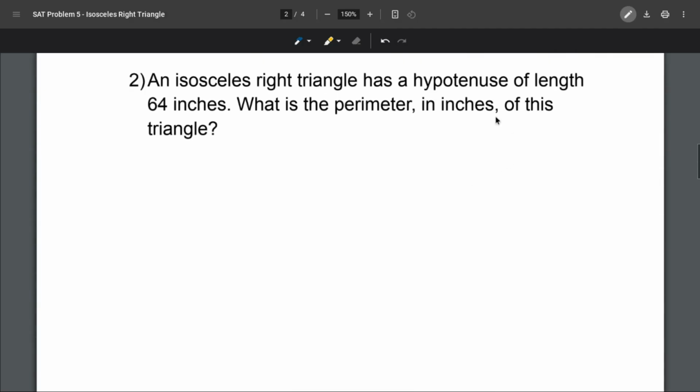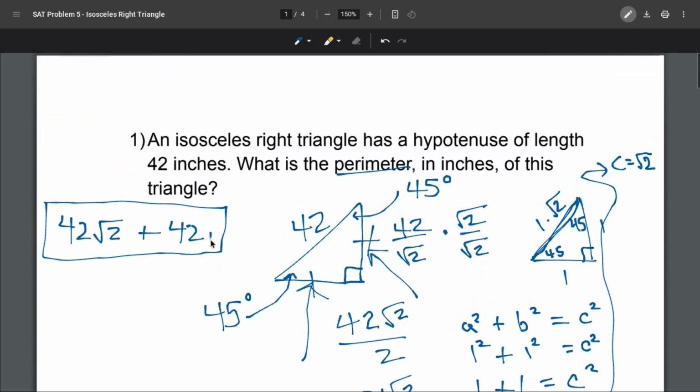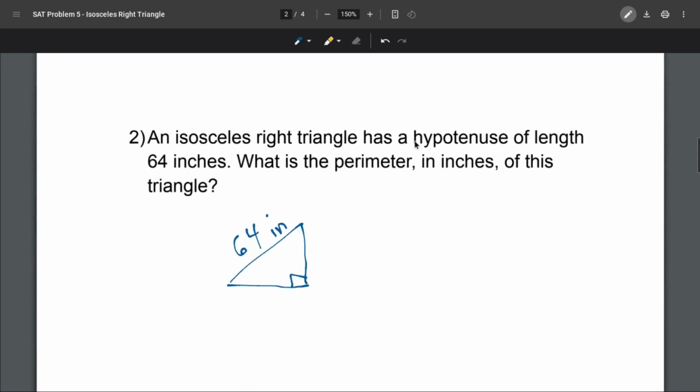All right, next one, we have an isosceles right triangle that has a hypotenuse with a length of 64 inches. So this is 64 inches. Oh, and by the way, in this last one it was inches, so we should have our units in inches here. Okay. All right.